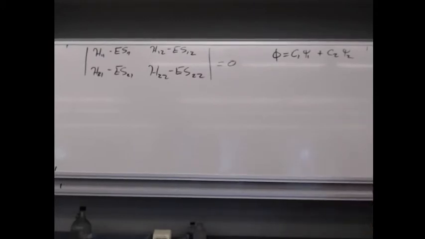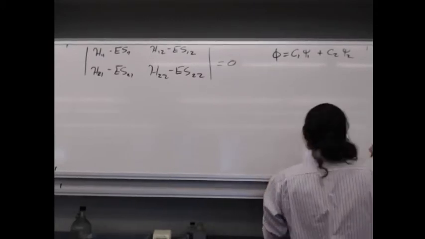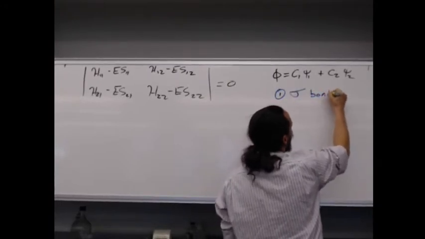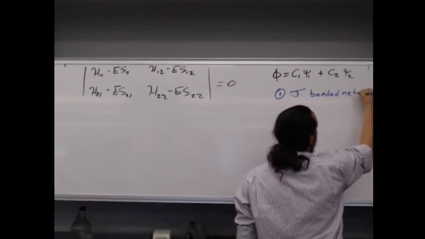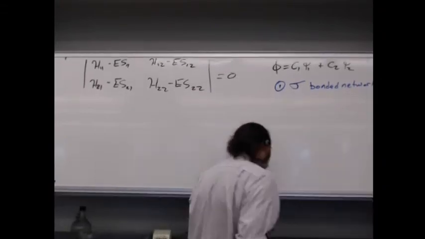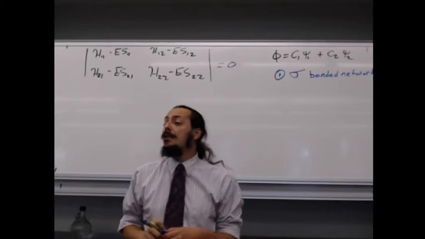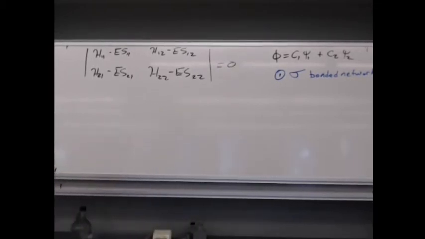So, couple things. One, we have our sigma bonded network. Right, that sigma bonded network is going to be all of those hybrid orbitals that are taking care of the single bonds.